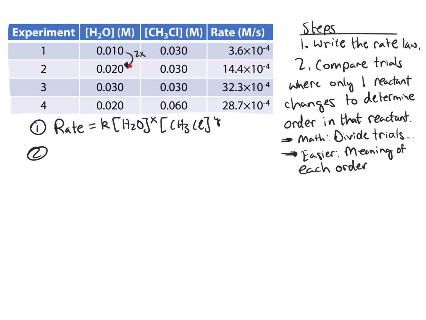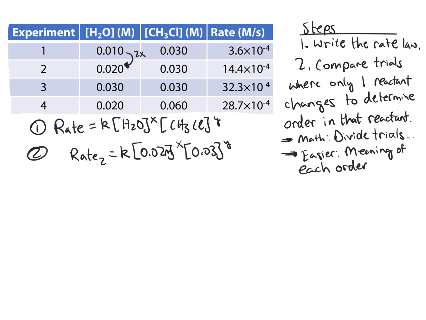So this is the starting point for our easier way of doing this, but let's do it one time by plugging in. If we plug in, we can say that the rate in experiment 2 is equal to k times the concentration of H2O, which is 0.02, to some unknown power x, times the concentration of CH3Cl, which is 0.03, to some unknown power y.